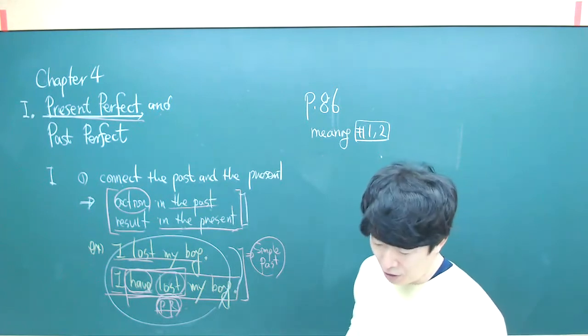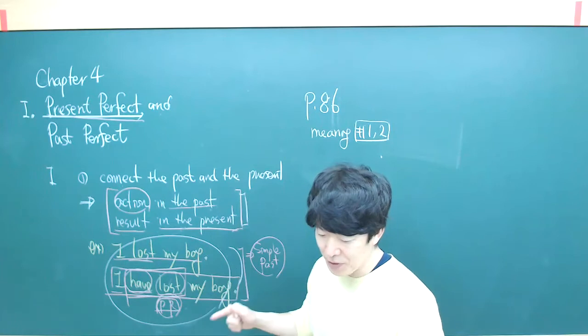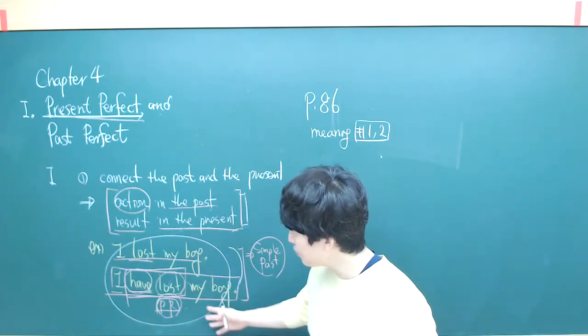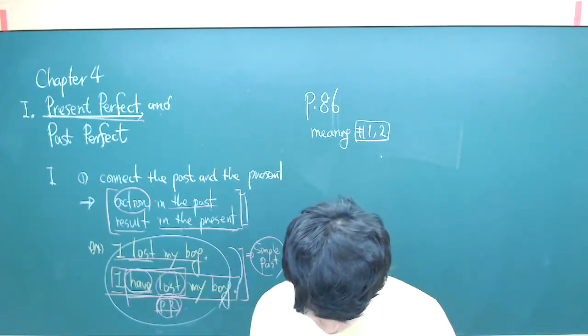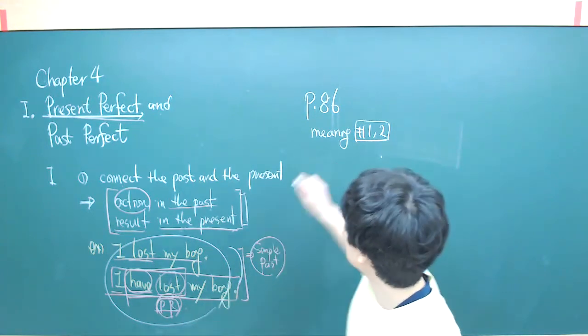And if you look at 4-4 on page 87, simple past versus present perfect, I already explained it by using this simple example, and we can check it out by using page 87, 4-4.